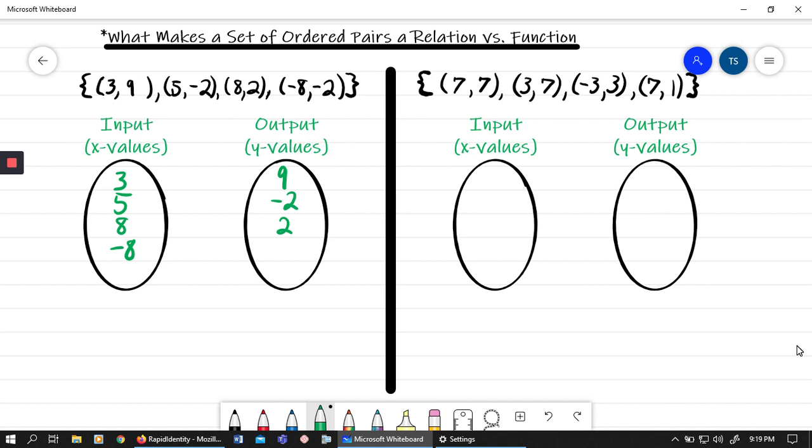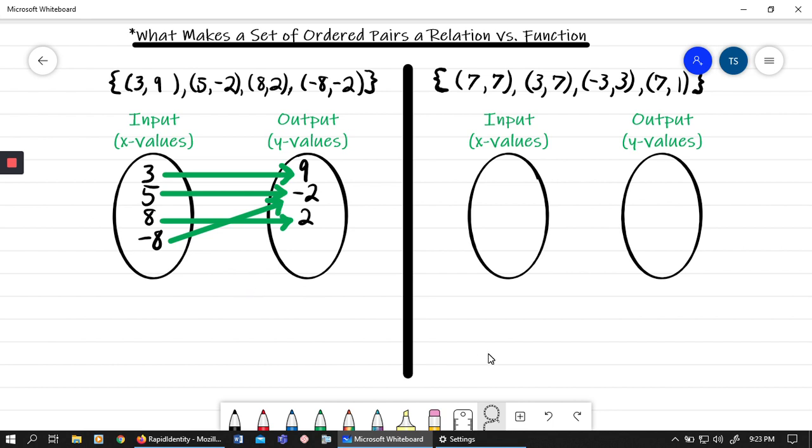So again, let's put the arrows there for this. Based on what we see here with the arrows drawn, and again, guys, it's not necessary for us to necessarily write this as a mapping. However, I just wanted to give you this perspective of these ordered pairs.